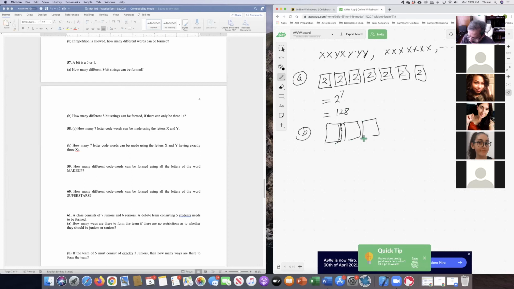So let's say we need to place X's and Y's, but we are allowed to place only 3 X's. So if I put the X's here, here, and here, that's one code. If I put them here, here, and here, that's another. So it comes down to asking in how many ways can I choose 3 boxes from the 7 for placing the X's. The other boxes will be Y automatically.